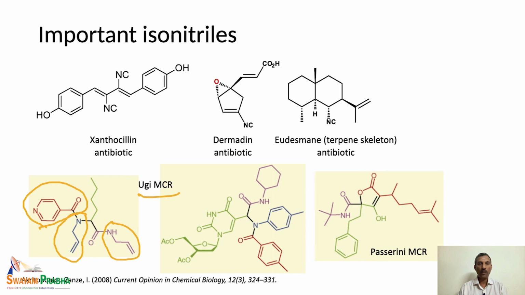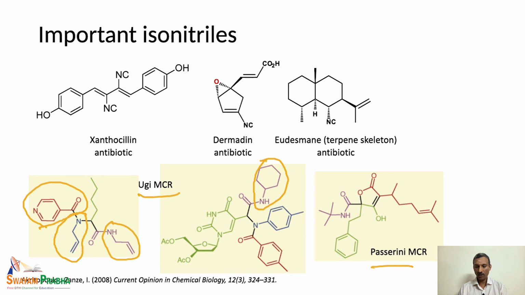So multiple components are condensed together in the Ugi reaction. We can vary various substituents. For example, in this system we have an amine, and this amine can be modified to get a new product. This way the Ugi multi-component reaction can produce a plethora of compounds for drug development.